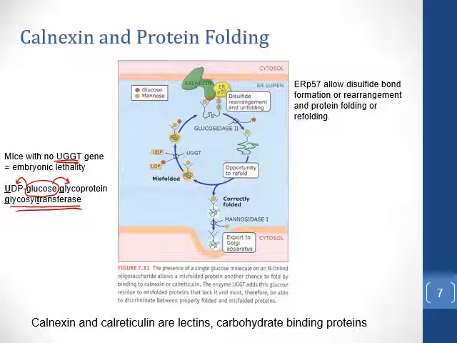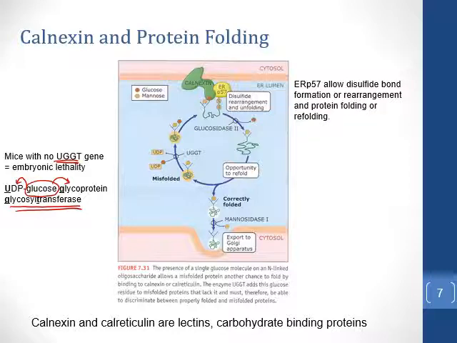This is a really important protein. It turns out that it's embryonic lethal. So what can happen in biology a lot of times, if you want to know how important a protein is, you knock out the gene that encodes that protein and you ask what happens to an organism that doesn't have that protein.